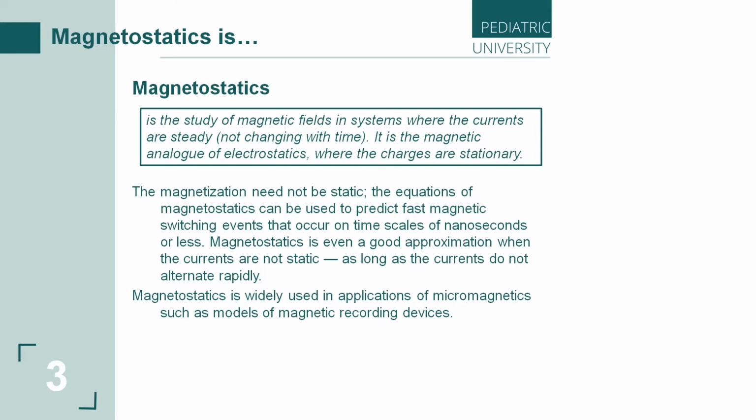Magnetostatics is even a good approximation when the currents are not static, as long as the currents don't alternate rapidly. Magnetostatics is widely used in applications of micromagnetics, such as models of magnetic recording devices.